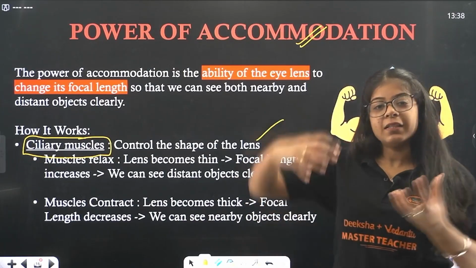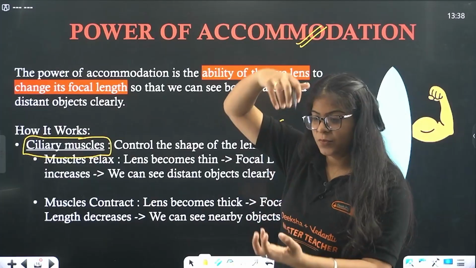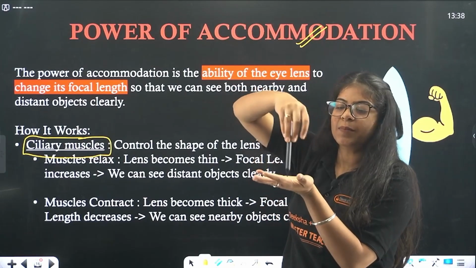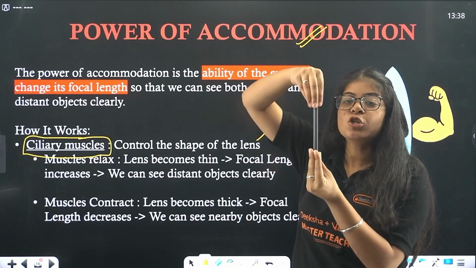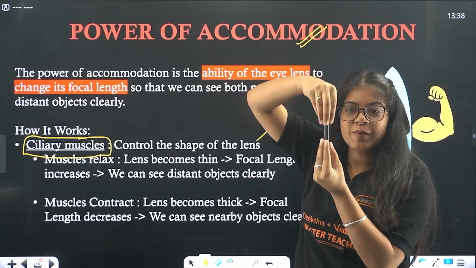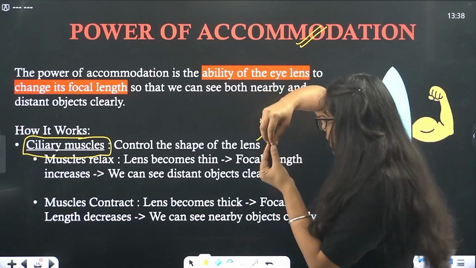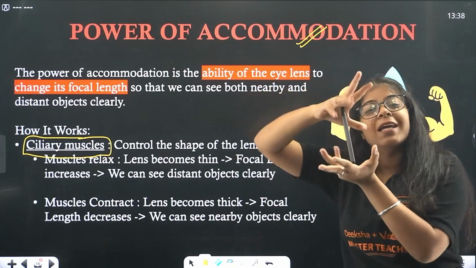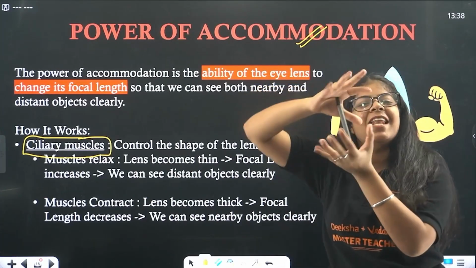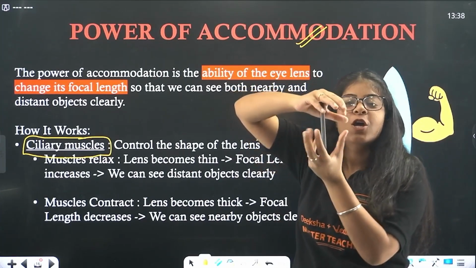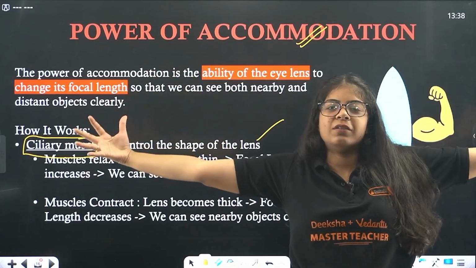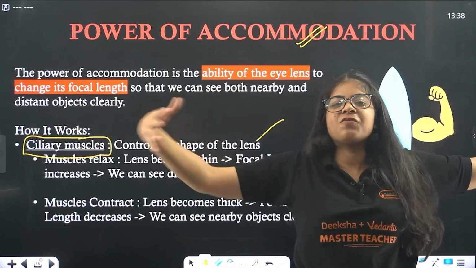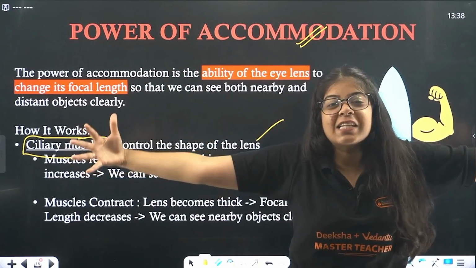Now, this is the lens, and these are the muscles. Let's study relaxation first. When these muscles relax, your lens is like, I will chill now because the muscles are relaxed. So the lens spreads out and gets thin.